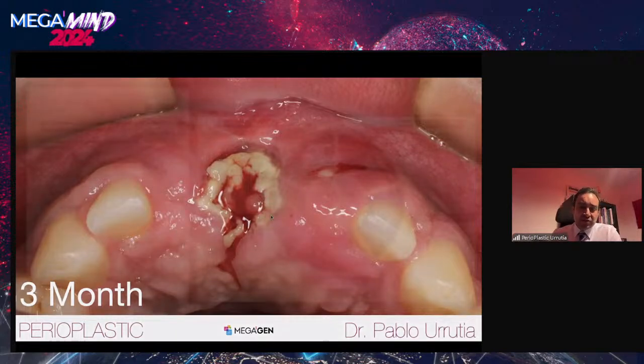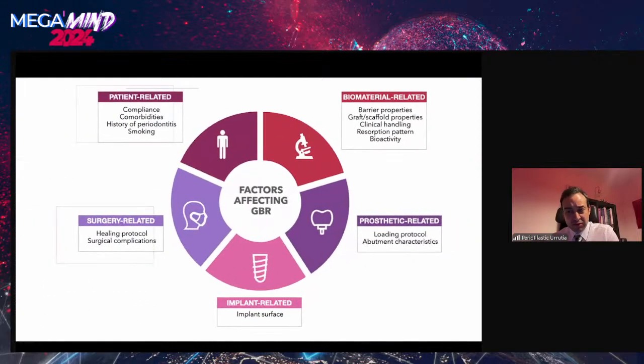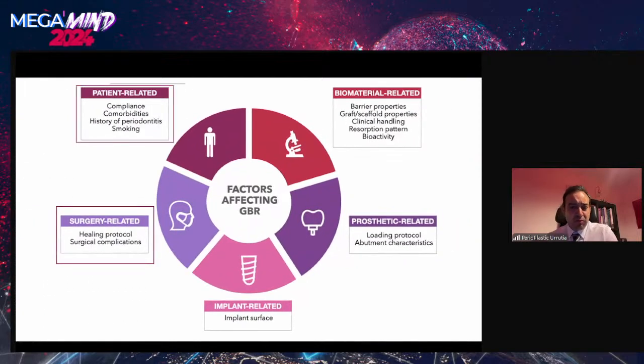The literature tells us, Nicolaus Donos says, about the factors affecting GBR. So we looked for what mistake we made in terms of what happened in that complication. We thought about the compliance of the patient. The comorbidity is okay. Maybe the healing protocol or the surgical complication.